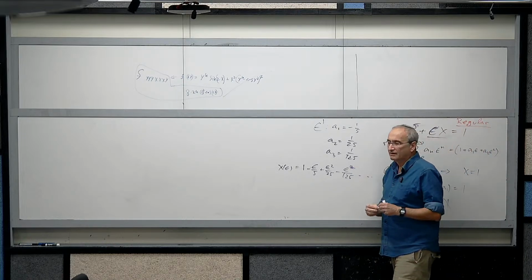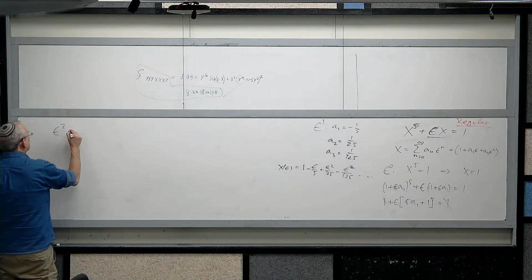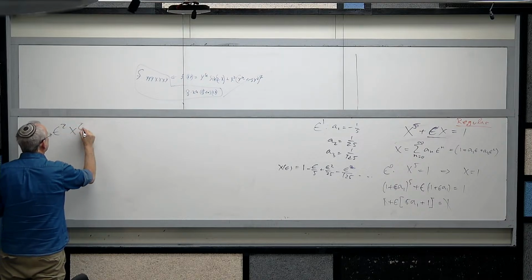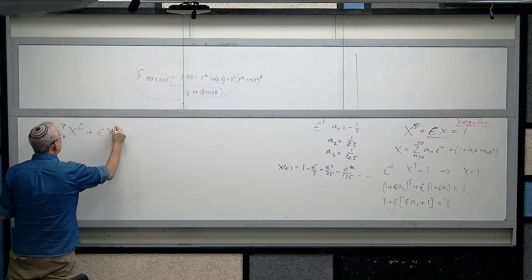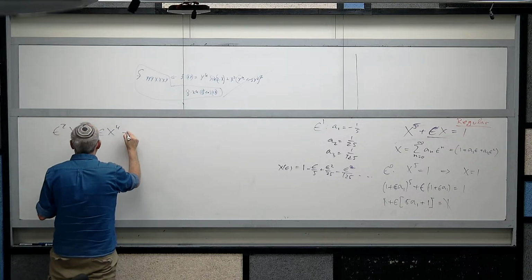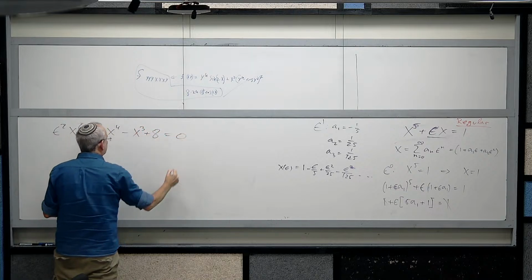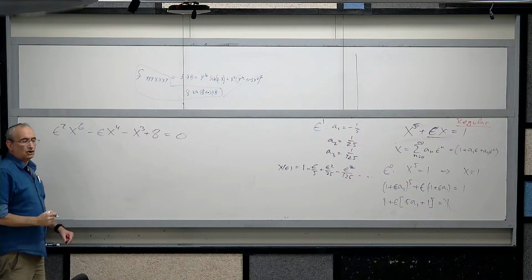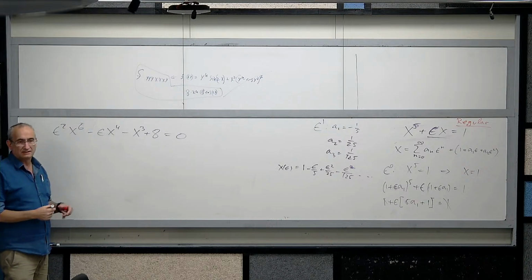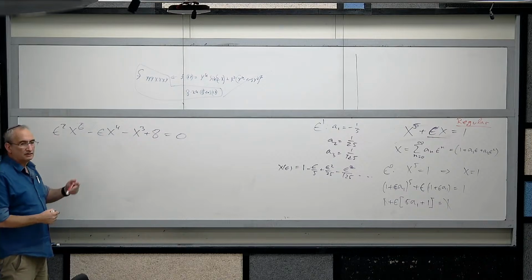On the other hand, if we think about the following equation, epsilon squared times x to the power of 6, plus epsilon times x to the power of 4, maybe there is a minus, minus x cubed plus 8 equals 0. What is the zeroth order solution? It is the solution I will find when epsilon is 0.